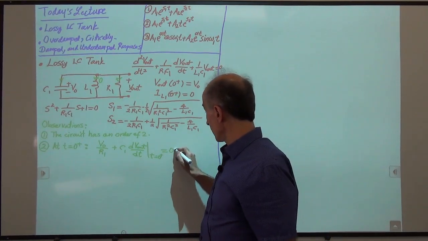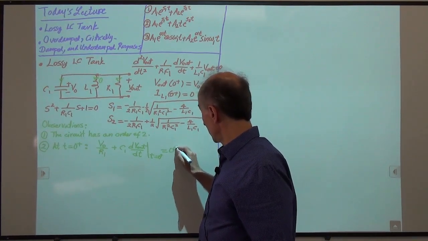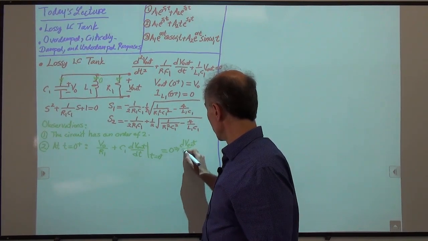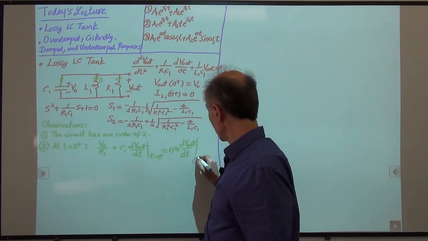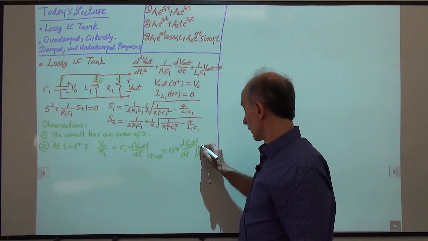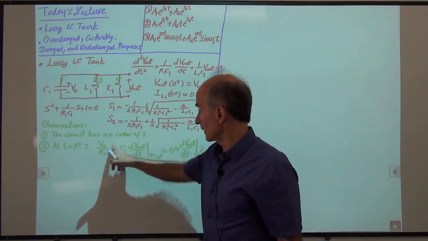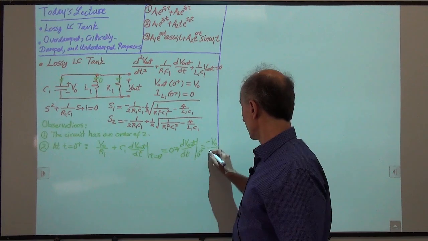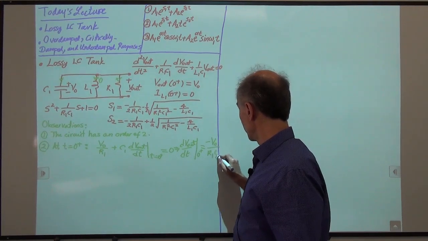So this says something interesting. It says that dV out over dt at time 0 plus is equal to, bringing this to the other side, minus V0 over R1 C1.